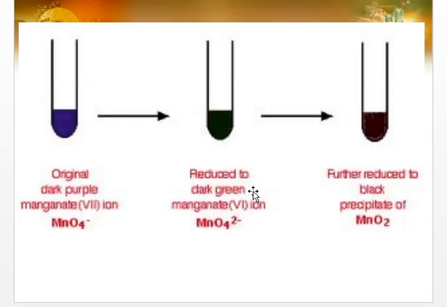We can get to the green manganate, where manganese has oxidation state plus 6, and by further reduction of this compound we can prepare black precipitate manganese dioxide, where manganese has the oxidation state plus 4. This is the manganese plus 2 cation, and the other 2 compounds are anions.